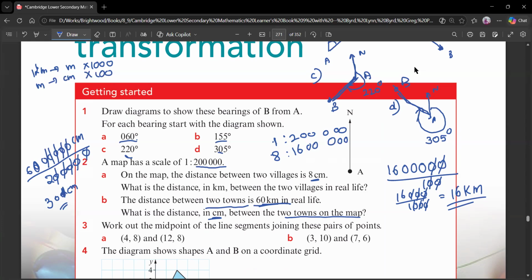Again, I take the 60 kilometers as centimeters. When you convert to centimeters, it's 60 and add five zeros. They have given 200,000 to 1 as the scale.